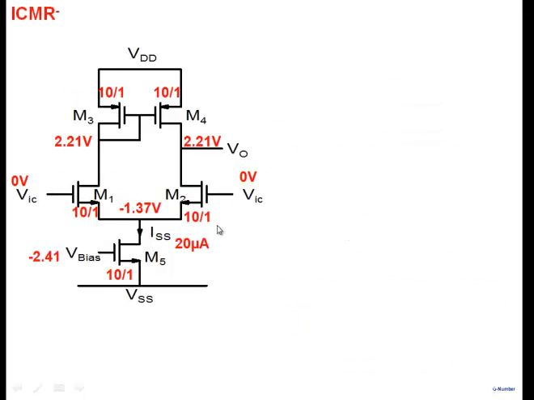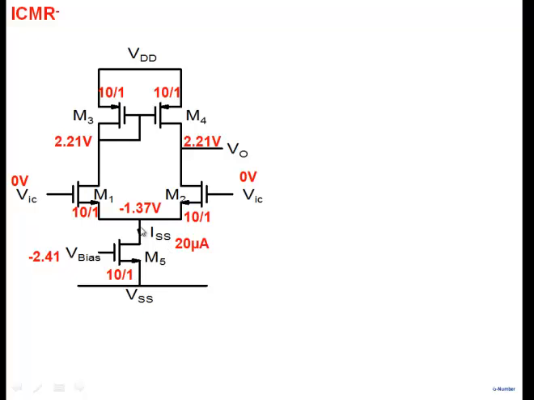ICMR minus. All right. So let's see what happens when I take VIC on the negative side. I start reducing. So obviously, I'm sure you can see that as I go from 0 to -1, this voltage will become more and more negative. And now what happens? M5, note that VDS of M5 will start shrinking, right? Because this node is fixed and this node is falling.